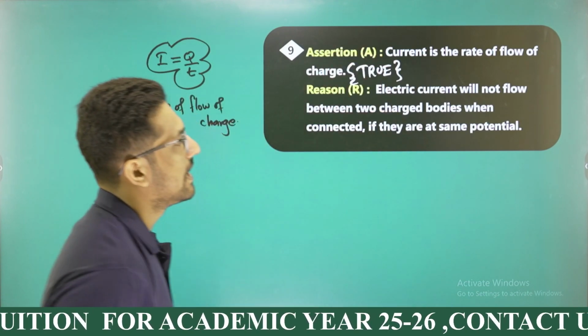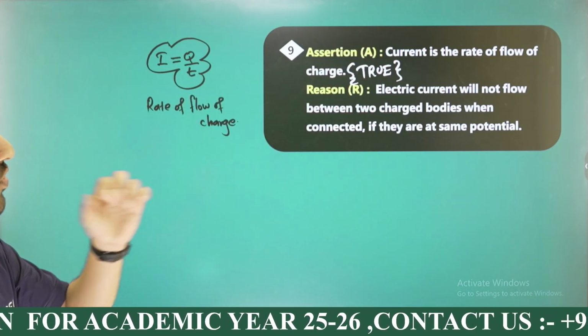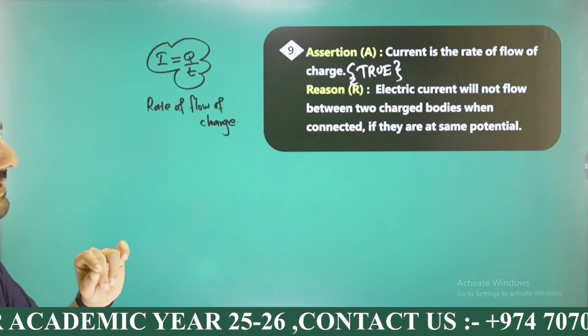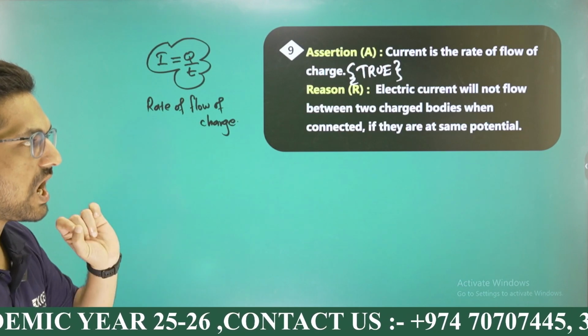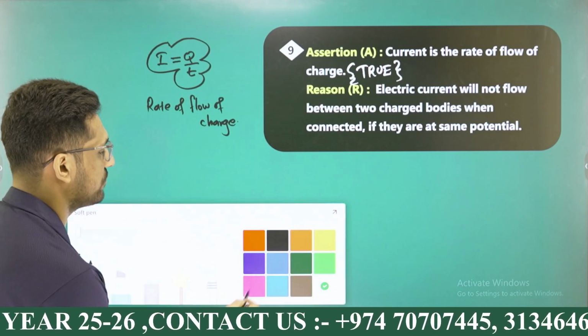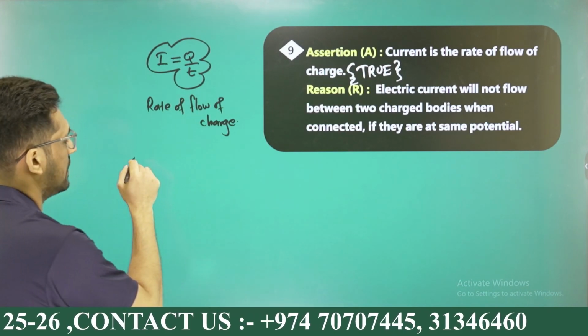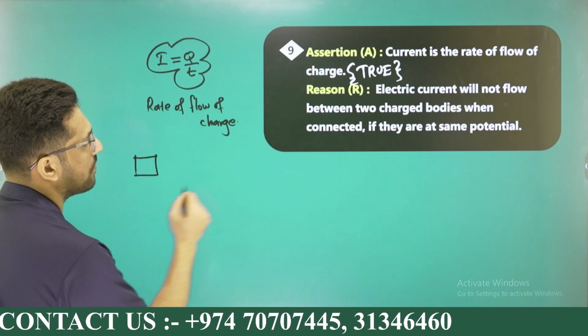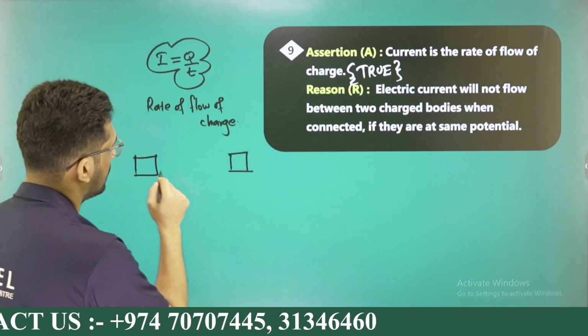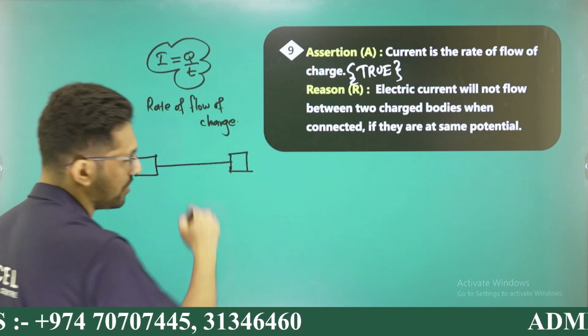Then read the reason. Electric current will not flow between two charged bodies when connected if they are at the same potential. Let's see that there is one body here, another body here. There is a connection between these two bodies.